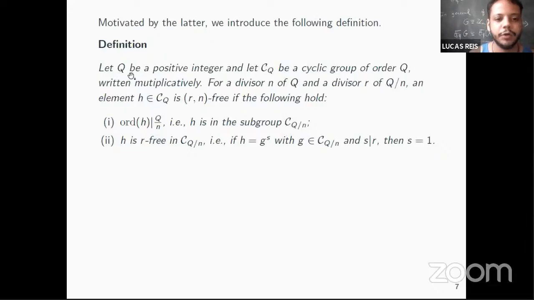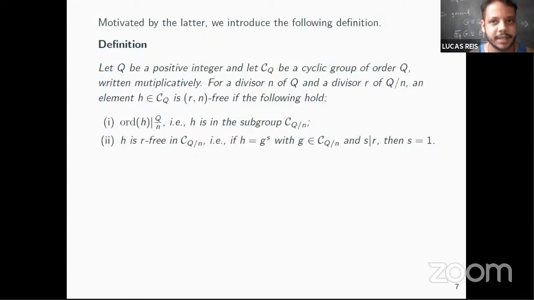We have a capital Q here, a positive integer, and C_Q is a cyclic group of order Q. For a divisor N of Q, and now a second divisor R of Q over N, an element h is (R,N)-free, so we have two parameters now, if these two conditions hold. The first one is that the order of h divides Q over N. This just means that h is in this cyclic subgroup.